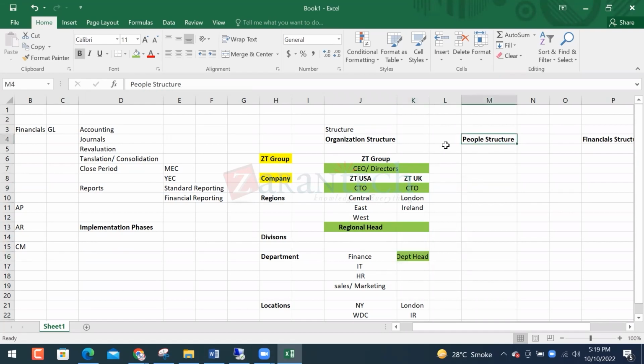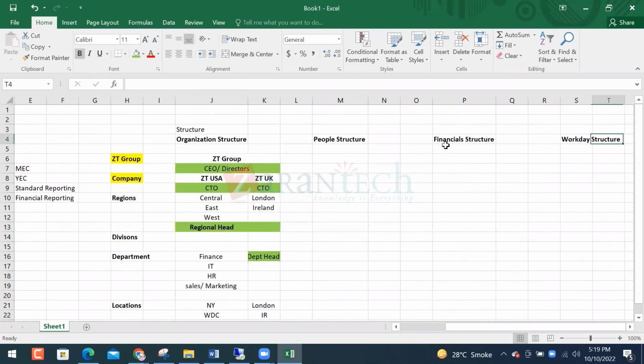Now, if I go for the financial structure, in any ERP financial structure, whether it's Workday, Oracle, or SAP, what are the common areas that you think are mandatory for a financial structure? Any idea? Joy, Shalu.